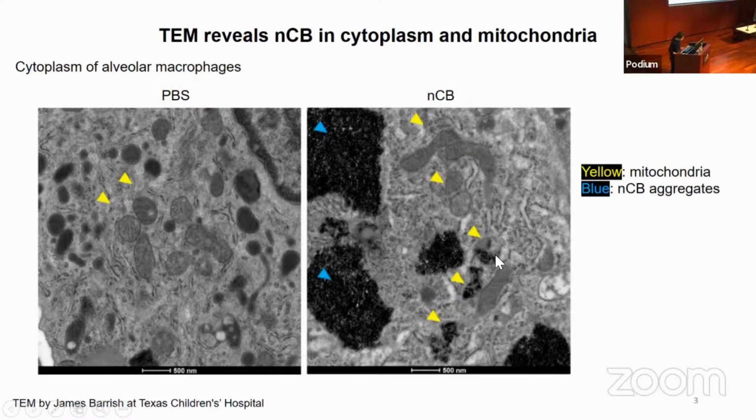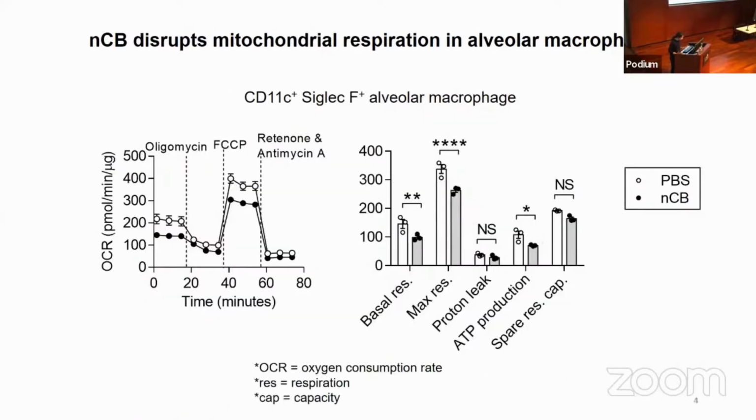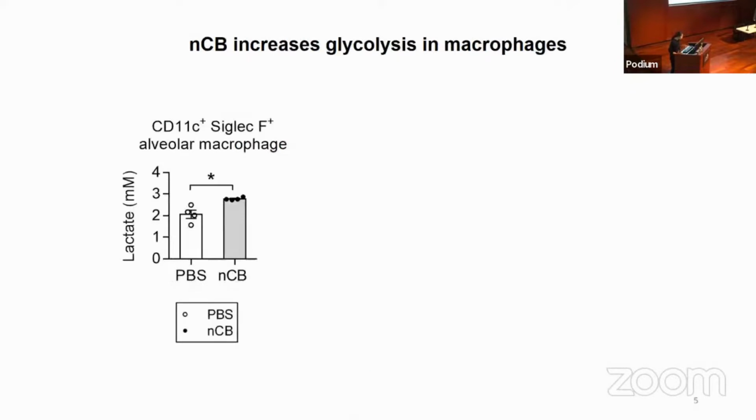So we think this can decrease mitochondrial respiration, which is true: when we isolate the cells, treat them with either PBS or carbon black, and use the Seahorse machine to measure oxygen consumption rate, overall we observe decreased oxidative phosphorylation. We also measured lactate in the cells. Carbon black treated cells showed increased lactate. And by the way, lactate is the byproduct of glycolysis.